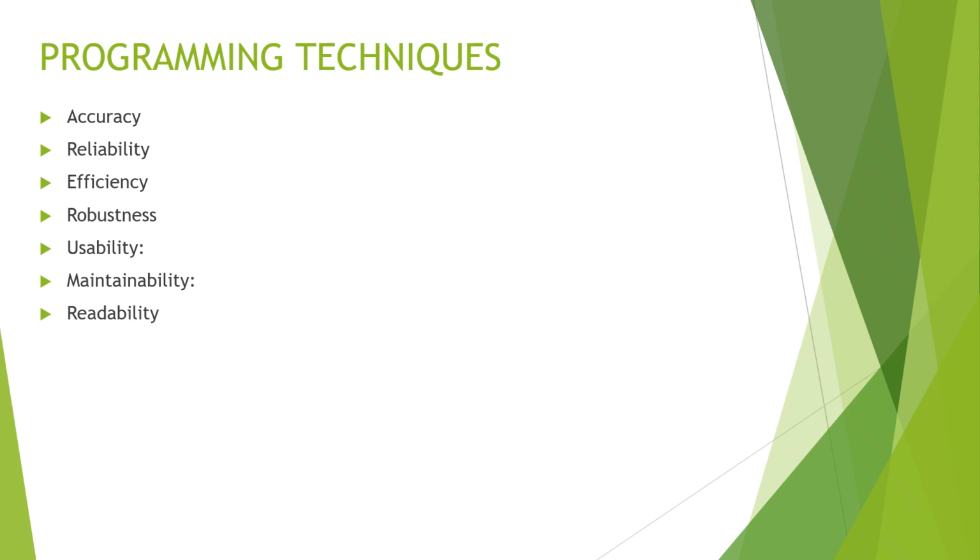That is what we mean by accuracy. Then when we say reliability, the program must also be able to always do what it's supposed to do. If you are saying, okay, this program will add 2 and 3 together and give us 5, it must be able to do it. That's why we said it must be able to do what it's supposed to do.